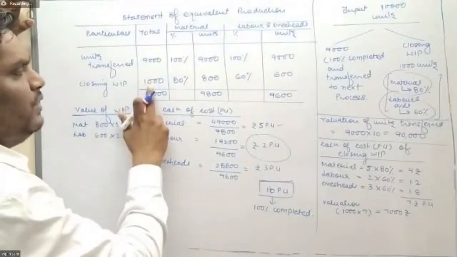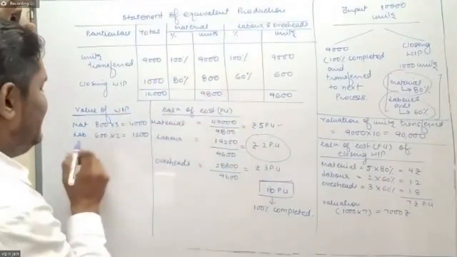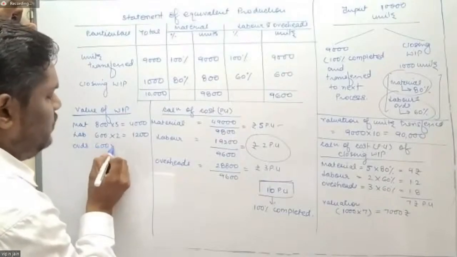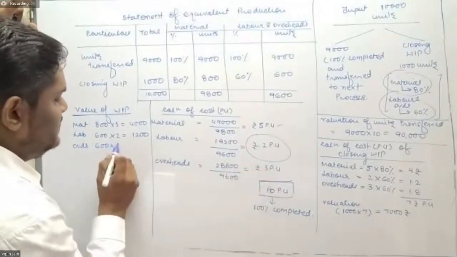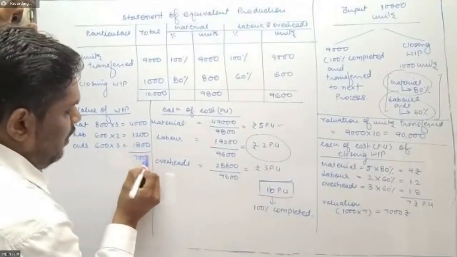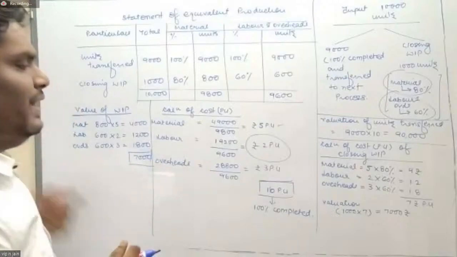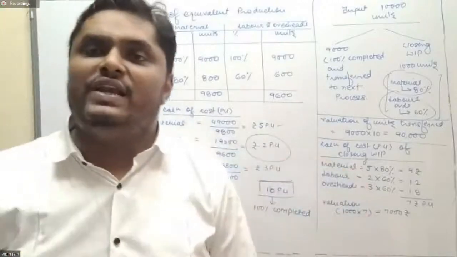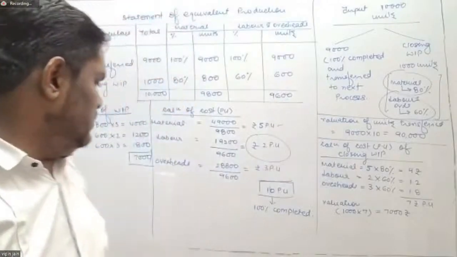Similarly, 1,000 units which are 60% complete in case of overheads also. So 600 into the cost of overheads for 100% is 3. So again, you can use both the approaches to calculate the value of closing work in progress.